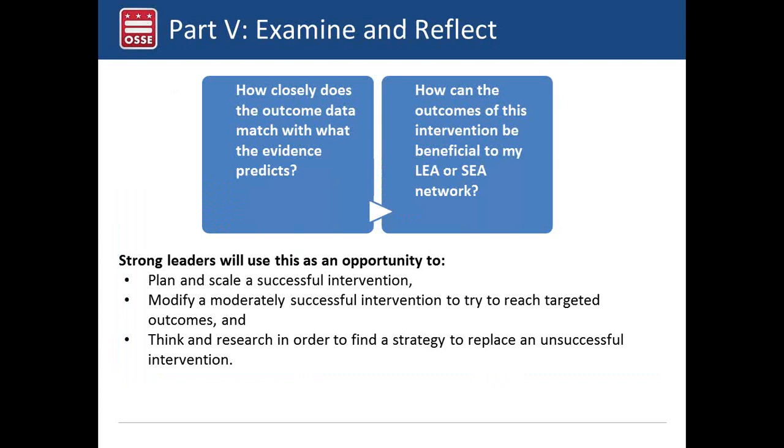In addition to these reflective questions at the top, including how closely does the outcome data match with what the evidence predicts, and how the outcomes of interventions may be beneficial to your LEA or school network, strong leaders will take this time to plan and scale interventions that have been successful, determine when needed if there needs to be modification of an intervention that is moderately successful in order to try to reach targeted outcomes.